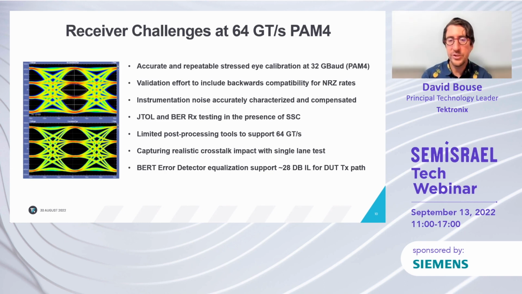So to mention a few, accurate and repeatable stressed eye calibrations at 32 gigabaud PAM4, that gets us to the 64 gigatransfers per second. We now have to validate not only at this new speed, but also at the previous speeds, and we have 2 modulation schemes, NRZ and PAM4. So just a lot of testing that has to happen across all these different speeds, which we have to support to maintain the backwards compatibility.